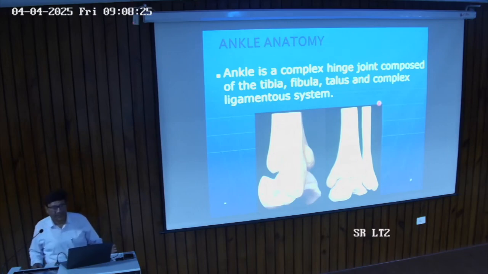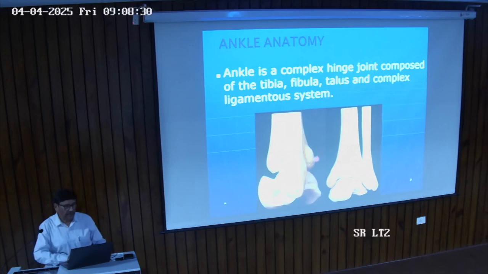It is formed by three bones: distal end of tibia, distal end of fibula, and the talus. So the widened lower end of the tibia is called tibial plafond, and together with the medial malleolus and the lateral malleolus, which is a part of the distal fibula, it makes the ankle mortise.